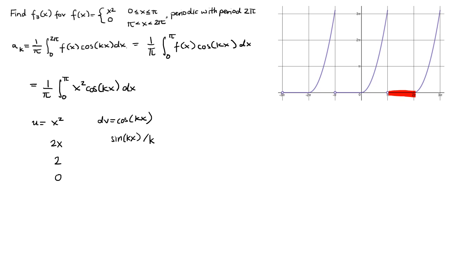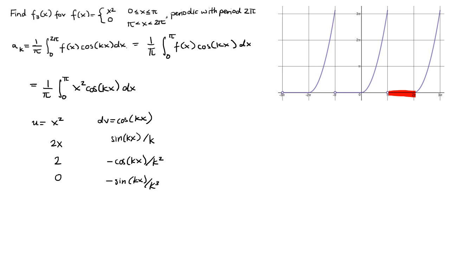And sine of kx over k integrates to negative cosine of kx over k squared. And negative cosine of kx over k squared integrates to negative sine of kx over k cubed.